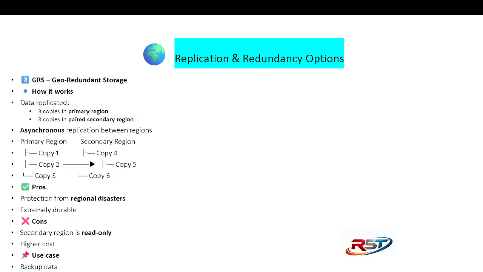Compared to LRS and ZRS, GRS is the highest cost. Use case: backup data, business critical applications. Any business critical applications we have to use GRS. And if you want a backup, we can use GRS.